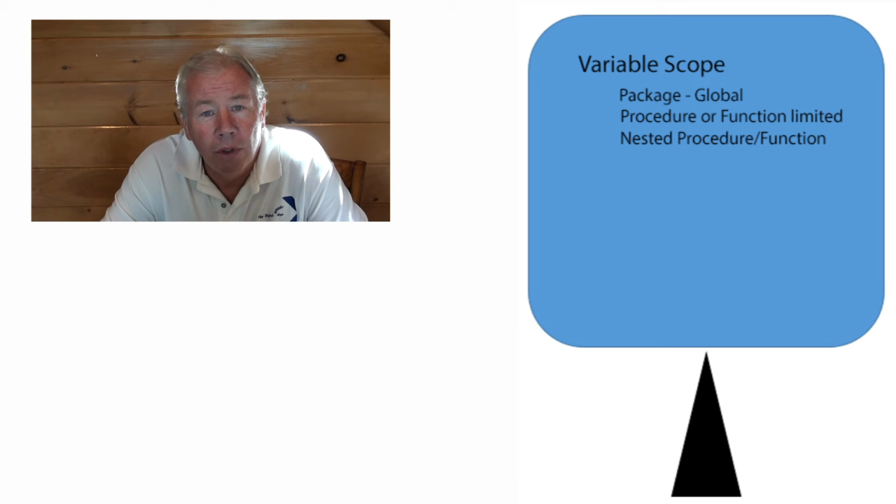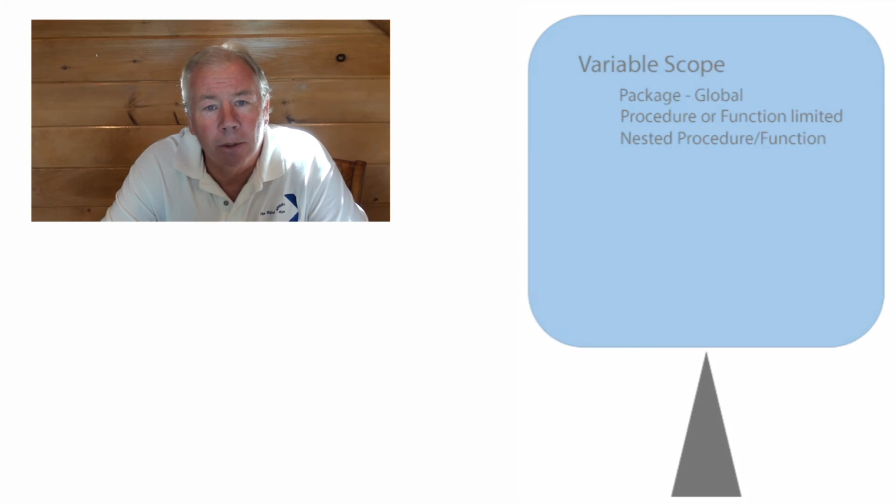We then looked at a procedure within that package which redeclared that variable to a new value, thus changing its scope to just that procedure. And finally we looked at a nested procedure within a procedure and did a further redeclaration there, thus diminishing its scope just to that nested procedure. This should be review for all of you, I expect. Scope is second nature to everyone listening to this lecture.